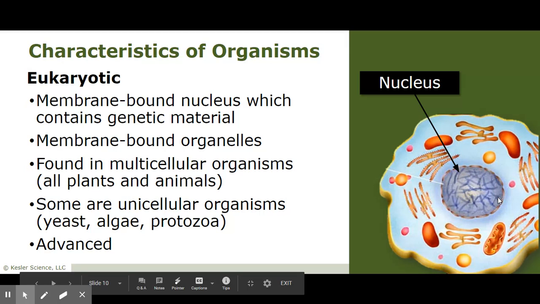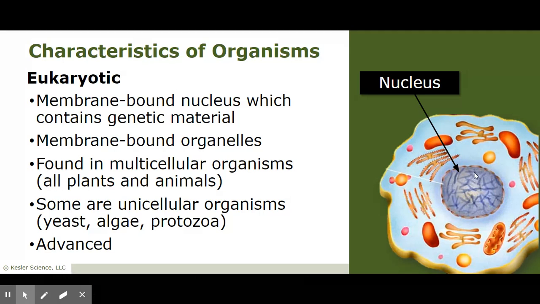So as you can see, you have a nucleus right here, and on the outside is your membrane. That is what classifies the eukaryotic cell, because it has a membrane around the nucleus that contains the nucleus in one spot.